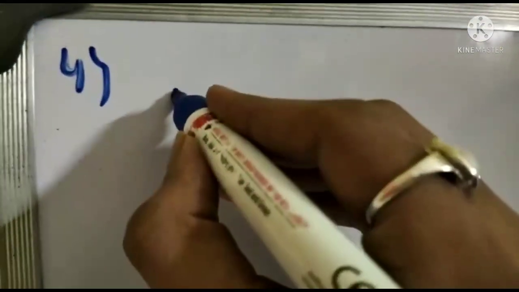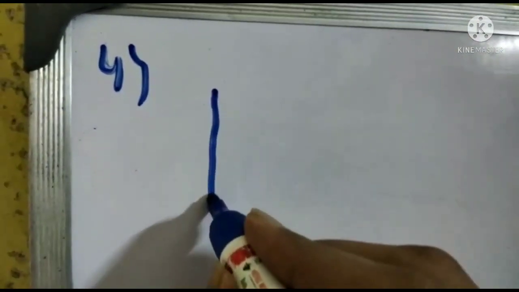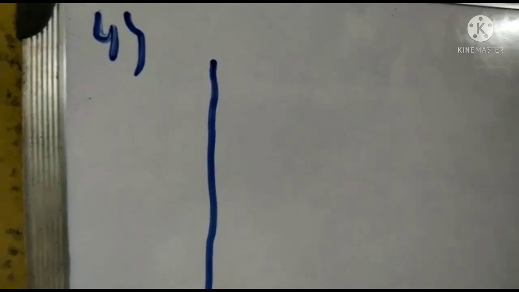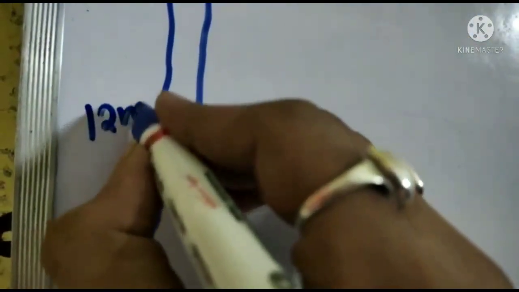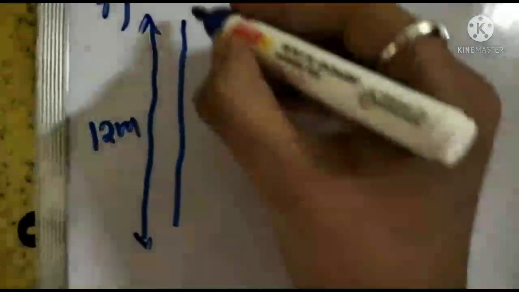So this one is the vertical pole, vertically upward, and the height of this pole is 12 meter.